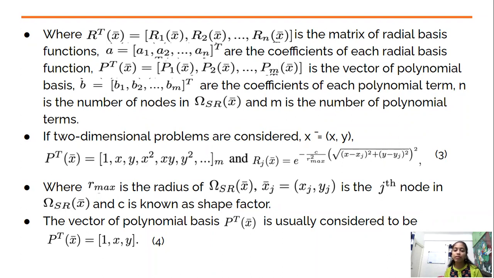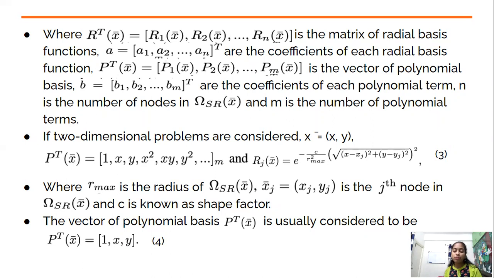A equals A1 to An transpose are the coefficients of each radial basis function, whereas P transpose of x bar equals P1 x bar, P2 x bar, and so on till Pm x bar, is the vector of the polynomial basis. B equals B1, B2, and so on till Bm transpose are the coefficients of each polynomial term. N is the number of nodes in the support domain of x bar and m is the number of polynomial terms.